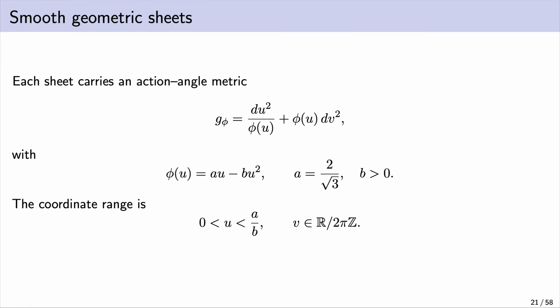In particular, it will endow these surfaces with action-angle metrics, G sub phi, where phi of u is the momentum profile, and phi is just quadratic, with A equal to 2 over the square root of 3, and B equal to the Gaussian curvature here. B turns out to be uniquely determined when we use this cubical scaffolding process.